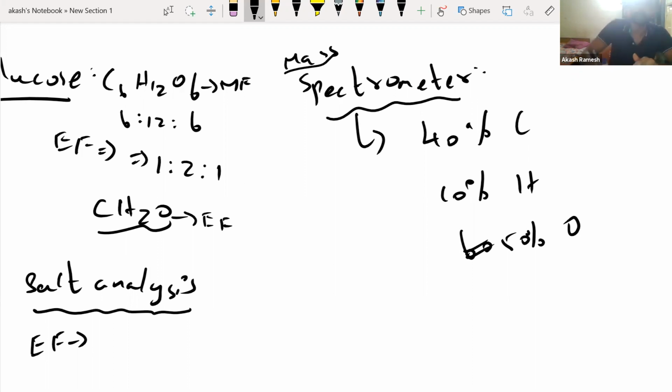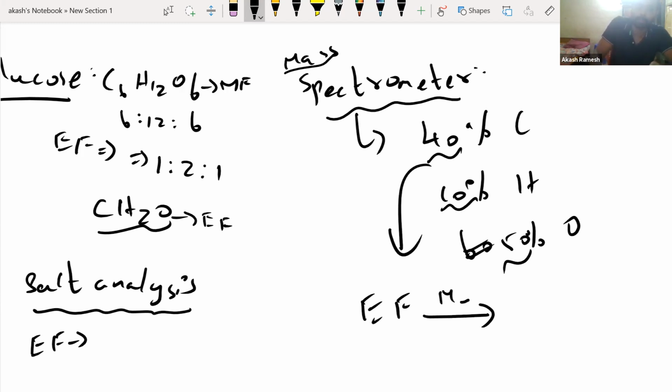Now from this percentage data, we will be able to calculate the empirical formula. And from the empirical formula, if I know the molecular mass of the total compound, I will be able to find the molecular formula. I repeat the whole thing again. First, you know what elements are present.